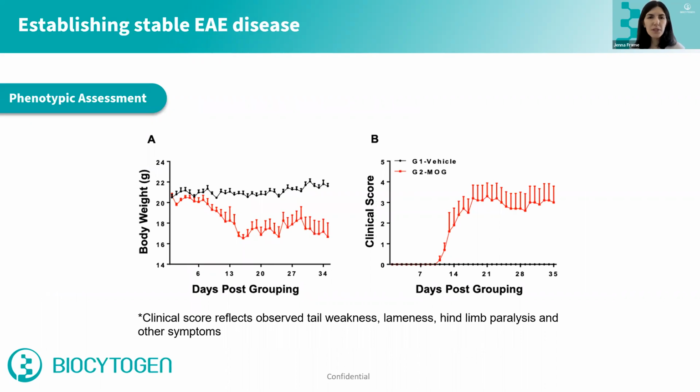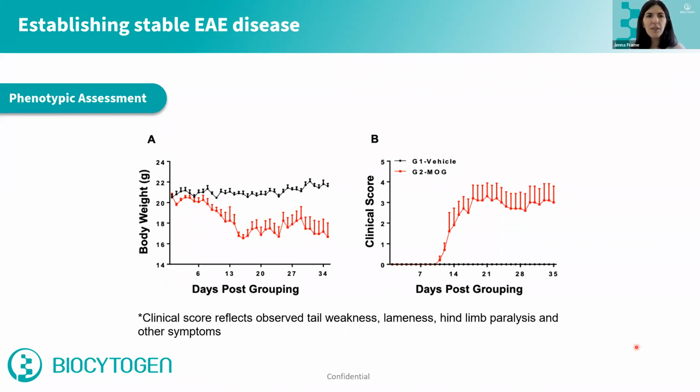In this first study, EAE was induced in wild type C57 Black 6 mice by immunization with MOG emulsion and PTX. Compared to the control, you can see that the MOG PTX treated mice, shown in red, displayed higher clinical scores.